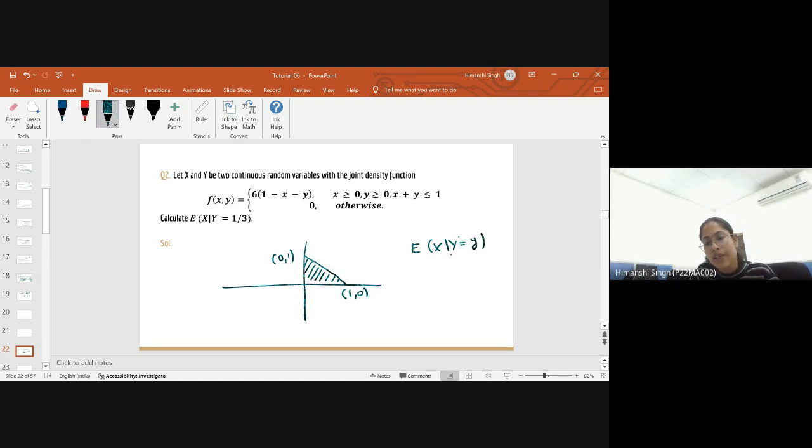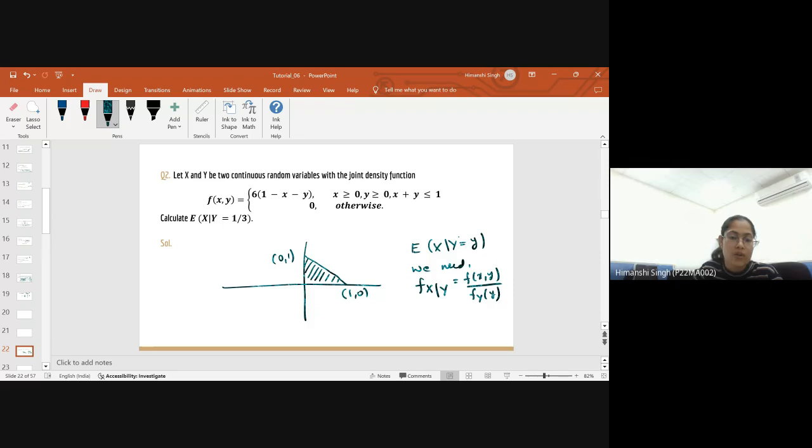In order to calculate this, we need the conditional density f(x given y), which is equal to f(x,y) divided by f_Y(y). To calculate the conditional density, we need the marginal density of y.